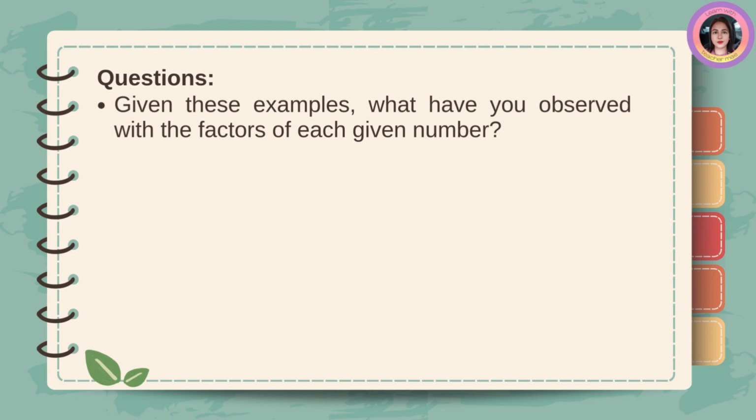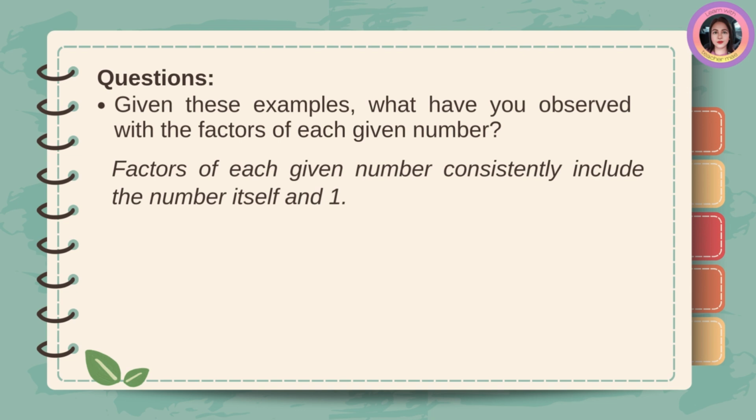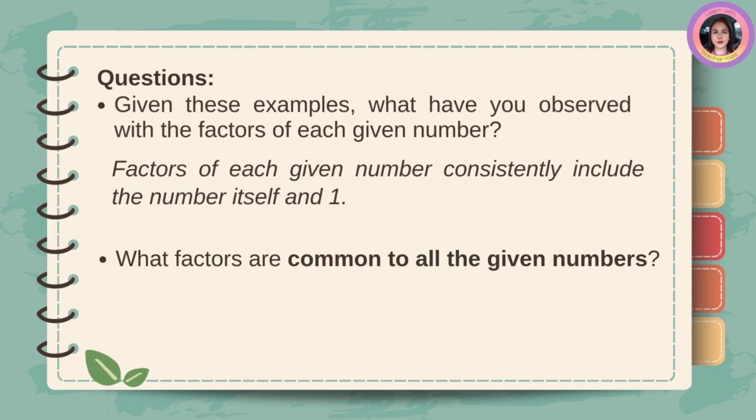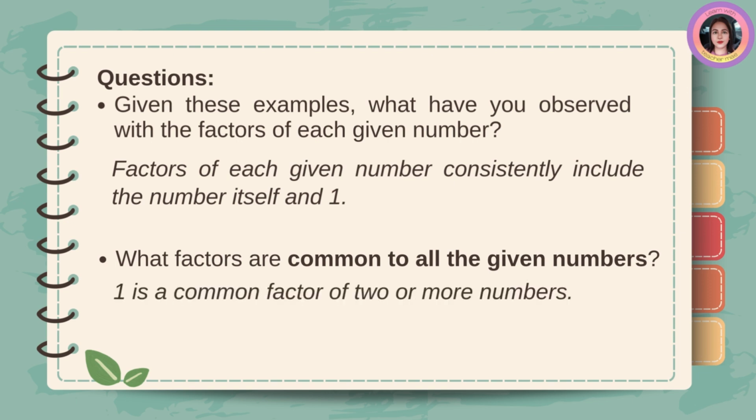Given these examples, what have you observed with the factors of each given number? Factors of each given number consistently include the number itself and 1. What factors are common to all the given numbers? 1 is a common factor of 2 or more numbers.